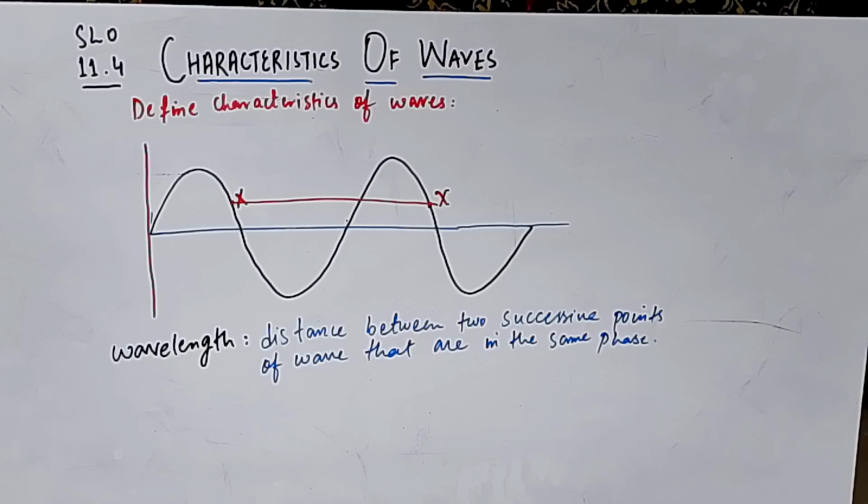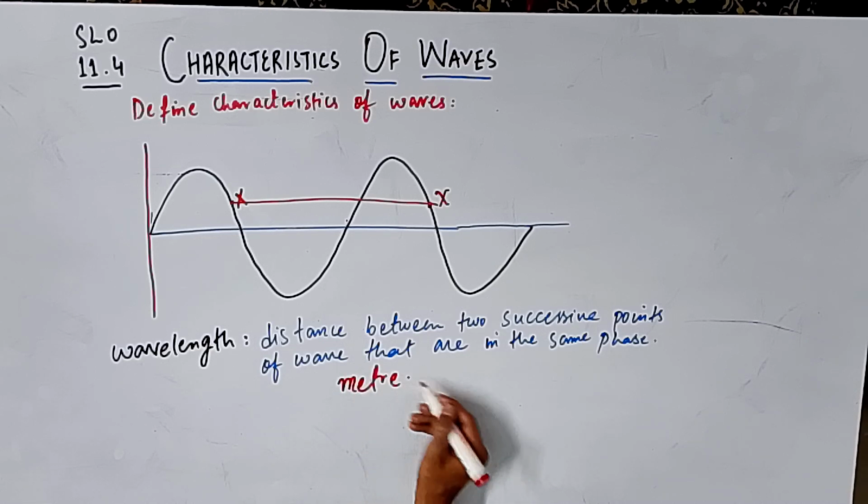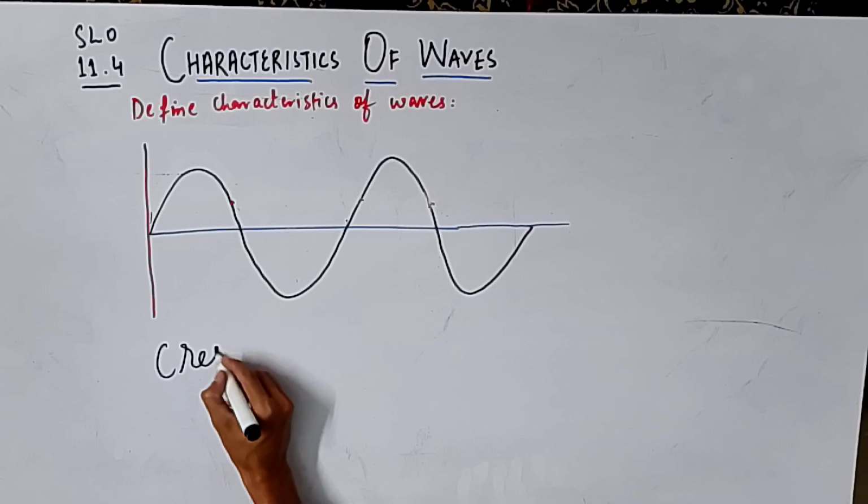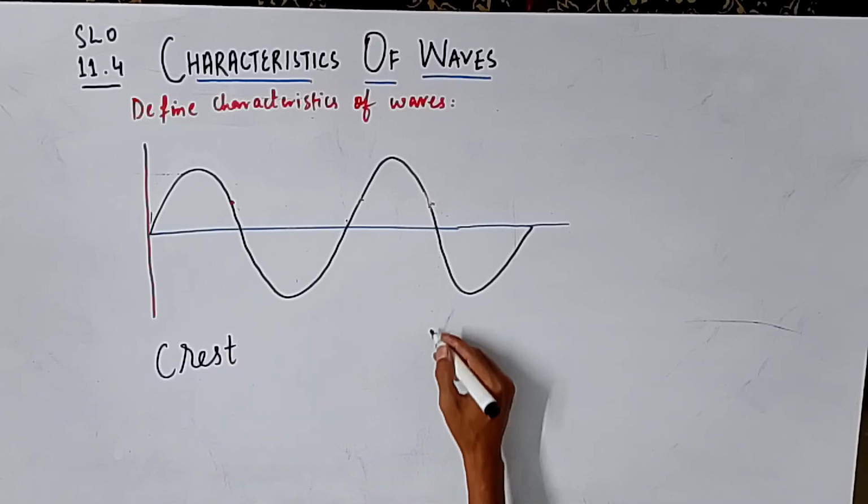So this is how we define wavelength, and we can calculate the wavelength by using the same formula, v is equal to f lambda. You know that it is a length, so its SI unit is meter. So this is how we define wavelength. Now let's see some other characteristics of wave. The next two characteristics are crest and trough.